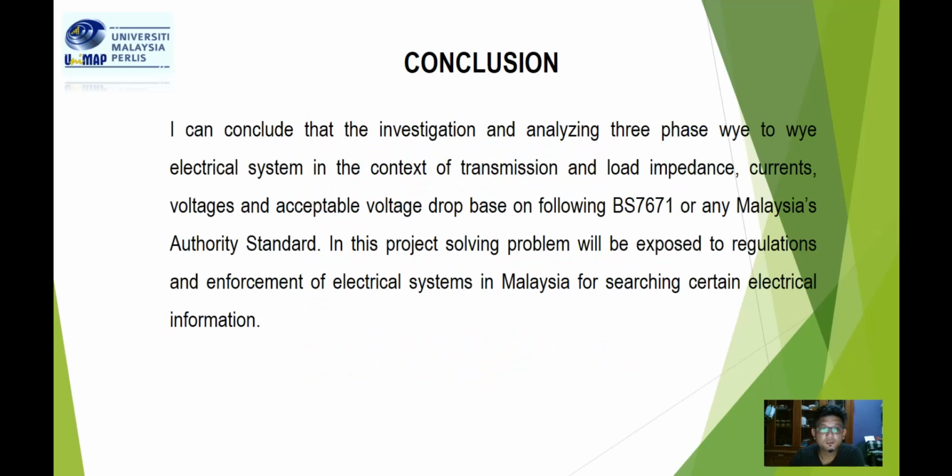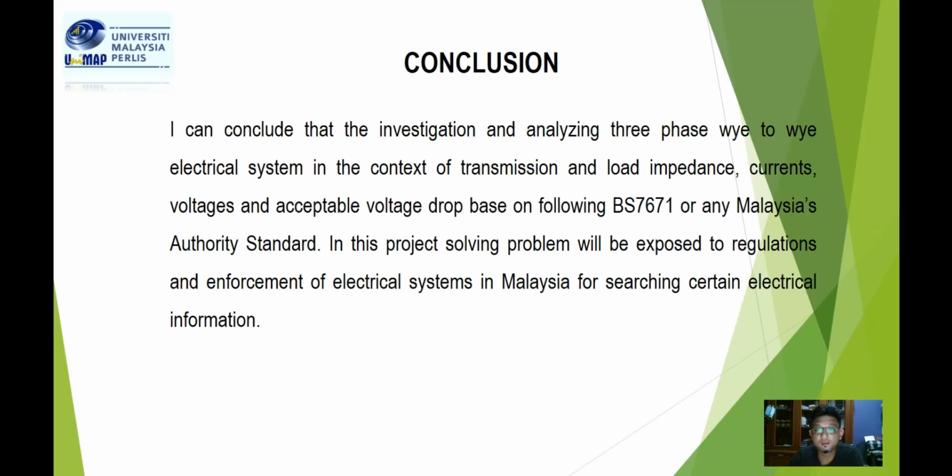For the conclusion, I can conclude that the investigation and analysis of a three-phase Y-to-Y electrical system in the context of transmission and the load impedance, current, voltage and acceptable voltage drop is based on following BS 7671 or any Malaysian authority standard.